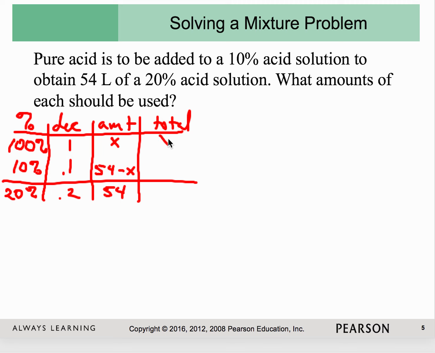So 1x, 0.1 times 54 minus x, and 0.2 times 54. That gives me my equation. This plus this equals that every single time if I fill in this chart. If I use the chart. I don't have to use the chart. It's just a handy way on mixture problems. Just works for mixtures.